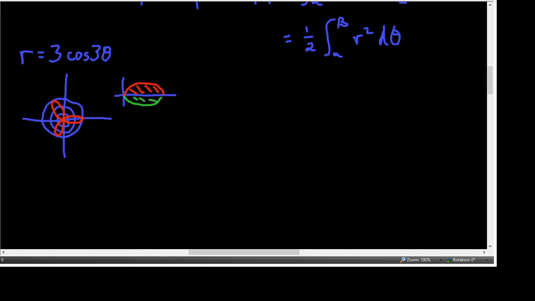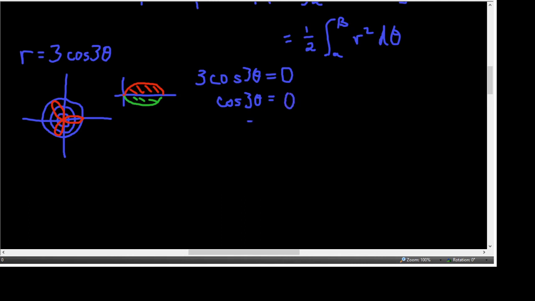So what I need to know is, when does r equal 0? And so this gets back to some pre-calculus stuff. When is 3 cosine of 3 theta equal to 0? So if I divide both sides by 3, and by the way, if you graph this using the techniques from last section, you might already know what angle it is where that was 0, and you may not have to go through this process.